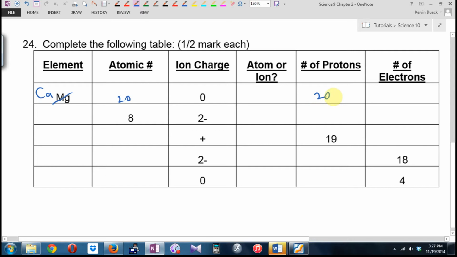Now answering your question. You asked, how do I know if it's an atom or an ion? Okay? If it's an atom, it has the same number of protons and electrons. So if it has 18 protons, it has 18 electrons. If it has 5 protons, it has 5 electrons.